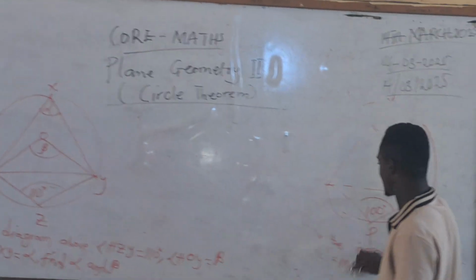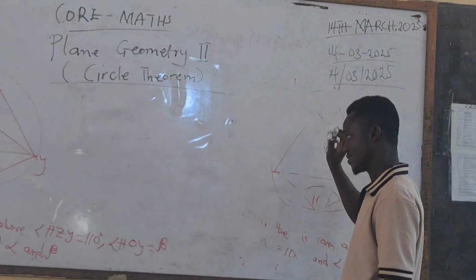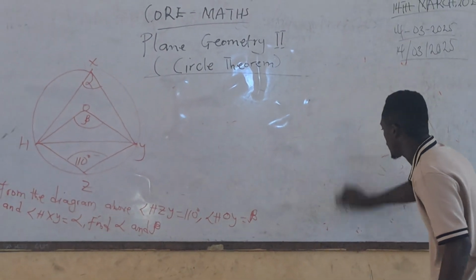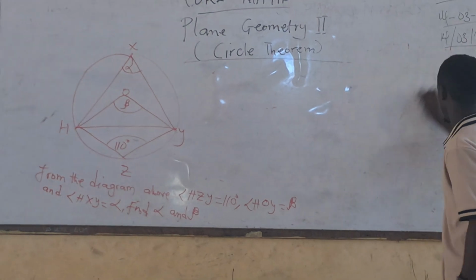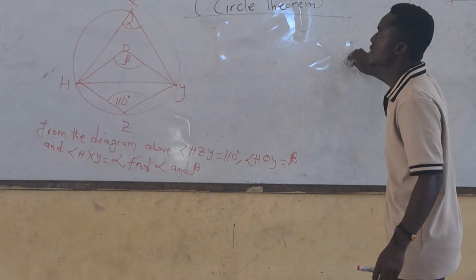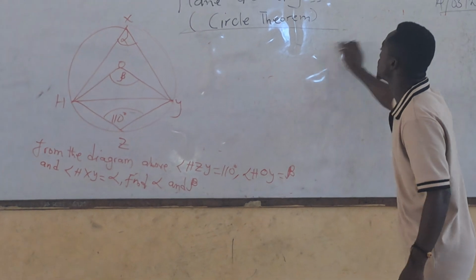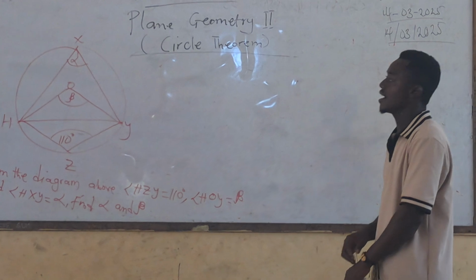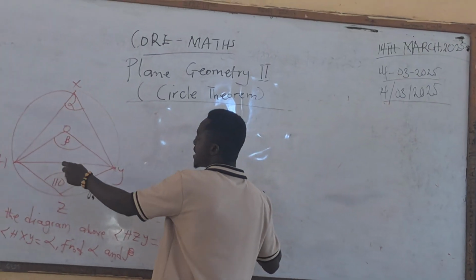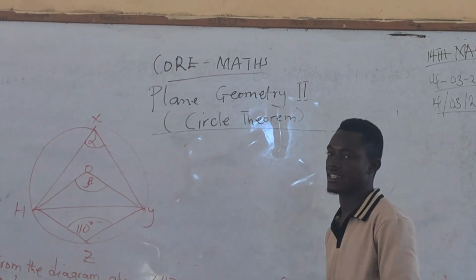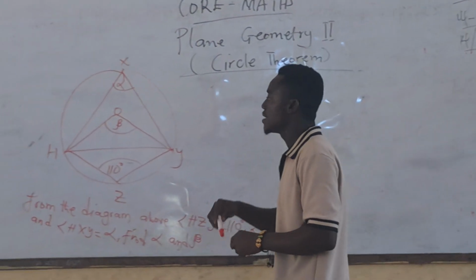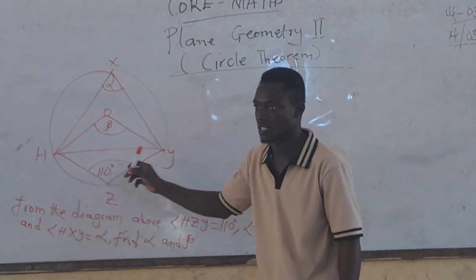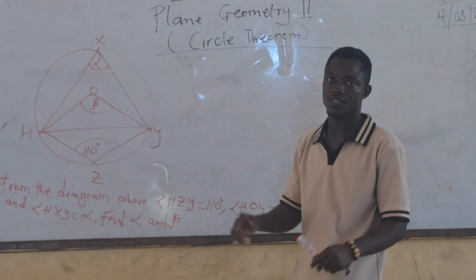We have to find alpha and beta. You can see that the third property says the sum of the angles formed by the chord at the opposite segments add up to 180.